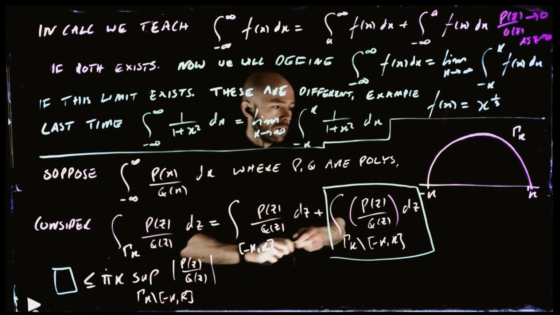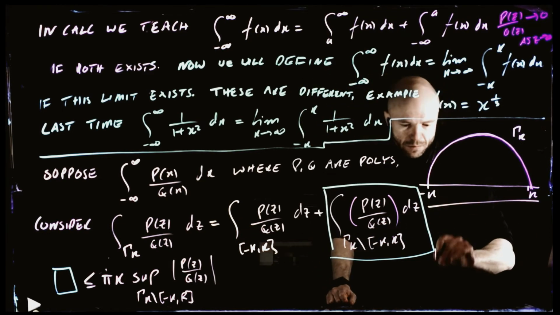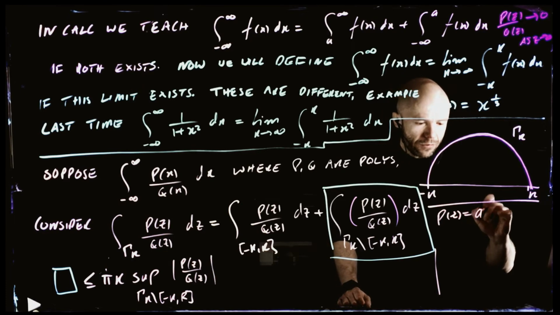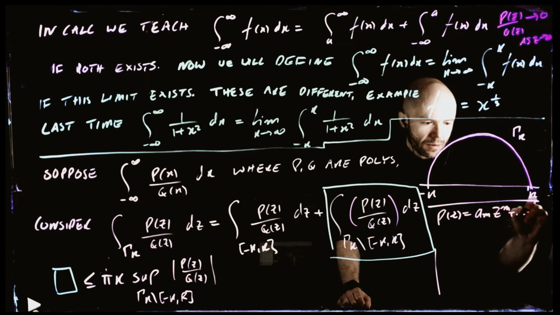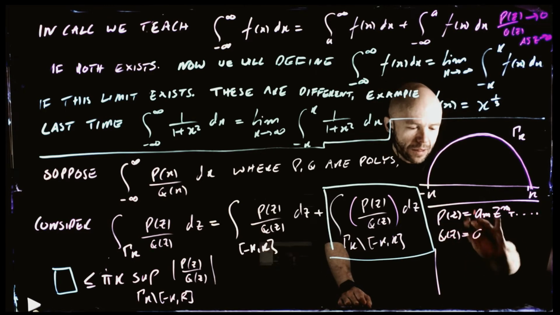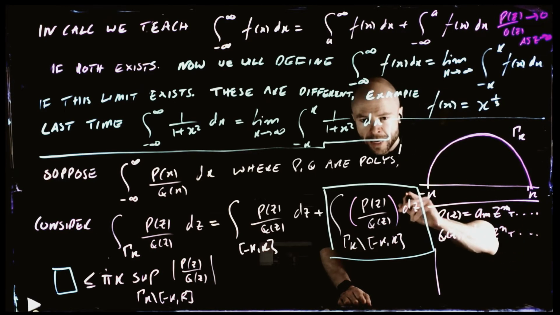Let me say that in the language of maths. So if P of z is equal to whatever coefficient, say a m z to the m, blah, blah, blah, and then Q of z is equal to, let's call them b n z to the n, blah, blah, blah. Then n has to be bigger than m in order for this thing to go to 0. Yeah?